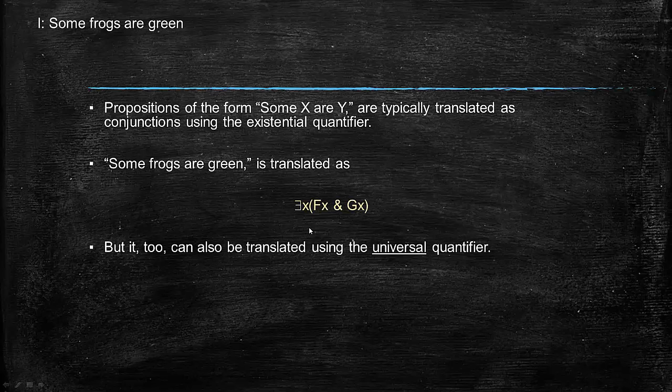So some frogs are green, using the universal quantifier, says it's not the case that for all X, if it's a frog, then it's not green. So it's not true that if something's a frog, it's not green. In other words, some frogs really are green. So these two are logically equivalent statements.